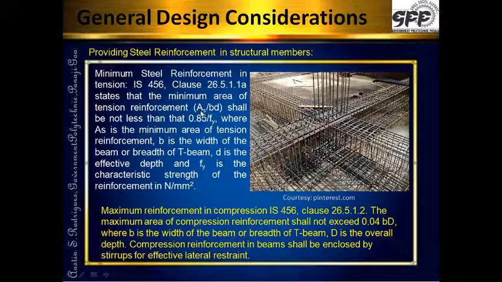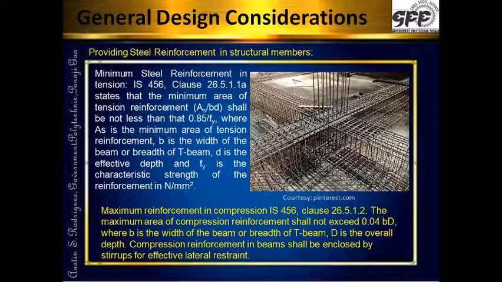So As upon BD, area of steel divided by B, the width, D, the effective depth, shall not be less than 0.85 upon Fy as the minimum area of tension reinforcement. Whenever we design, our design will carry minimum reinforcement as this much.